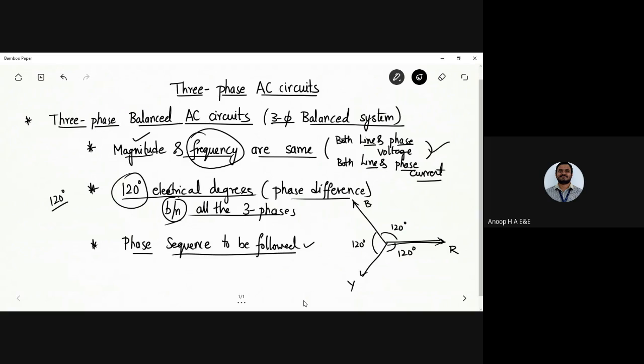Now next, I have the phase sequence to be followed. The phase sequence is R, Y, and B. This will have one direction of rotation, DOR, which is the direction of rotation.